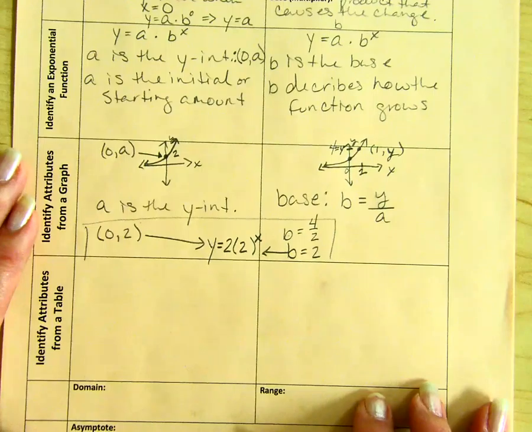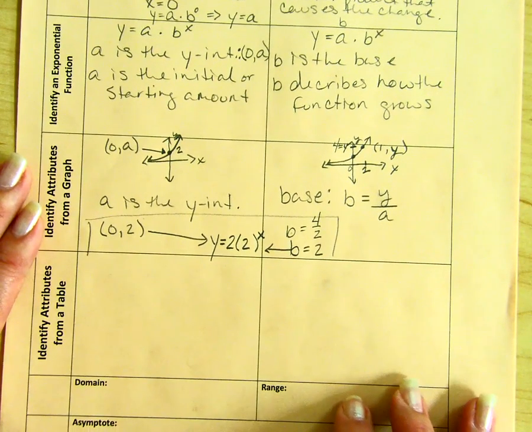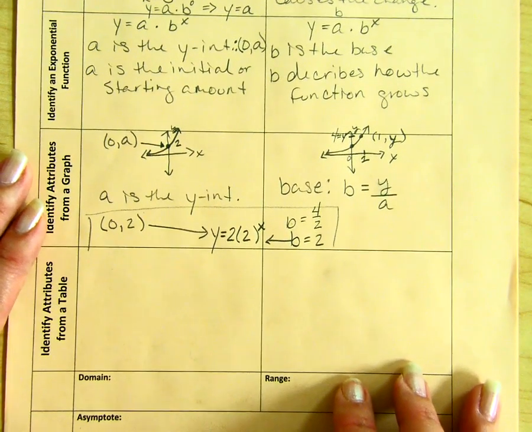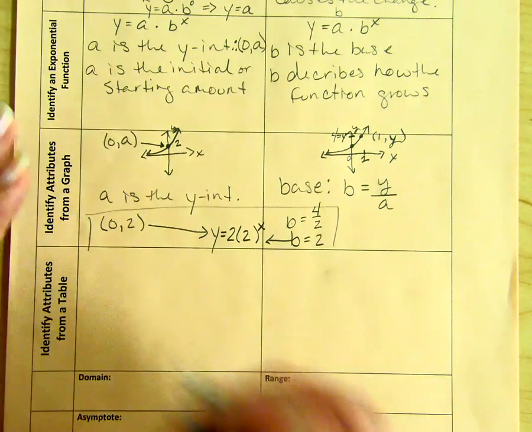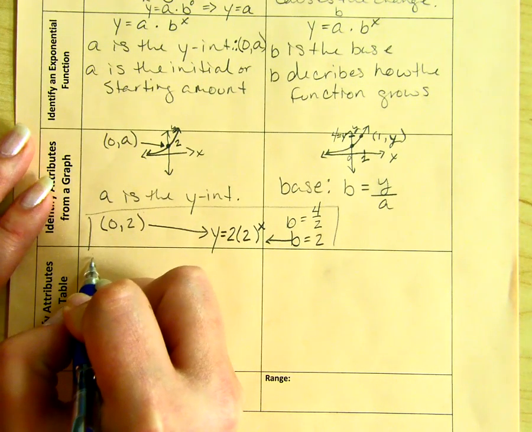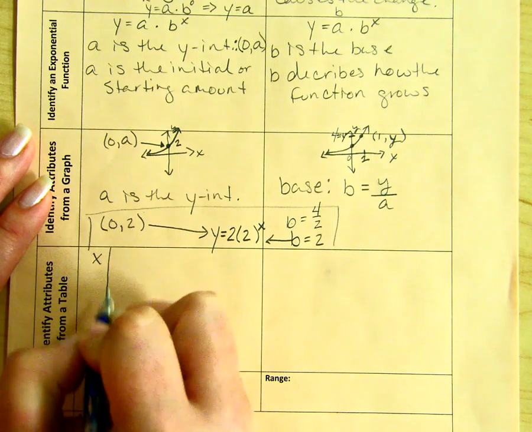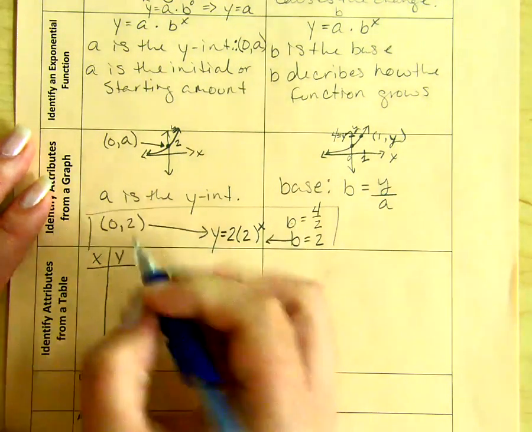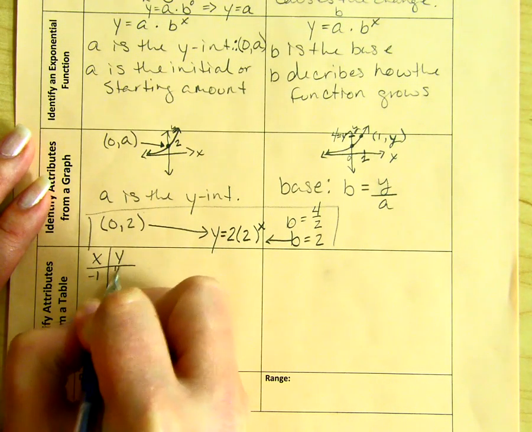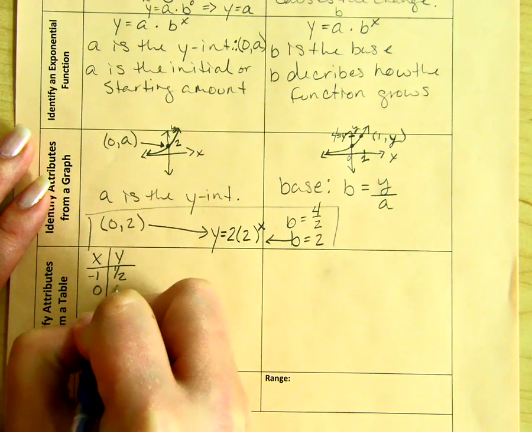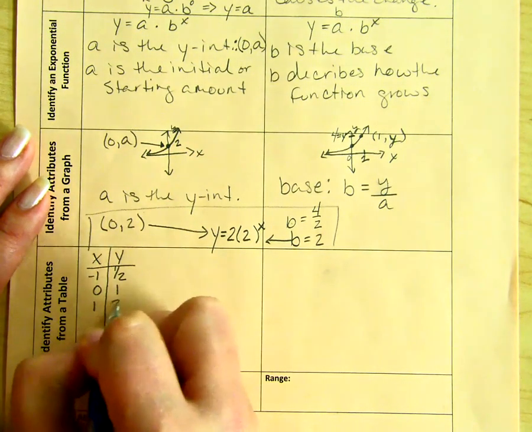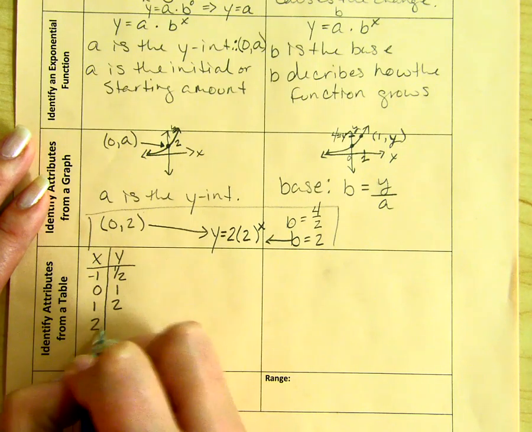Then if I was to give you a table, we can also identify the key features. So if I gave you the table in this form, x, y, and it has -1, 1/2, 0, 1, 1, 2, and 2, 4.